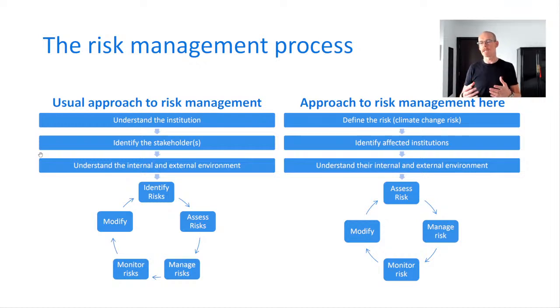Then we need to understand their internal and external environment and how climate change risk might interplay with that environment. And then we assess the risk, manage it, monitor it, and modify it. So we're starting from a slightly different place. We're kind of almost assuming that one of these risks is already there and is always going to be a part of the discussion, which is not so much working for an institution, it's really trying to find out where our niche might be, where we might be able to add value.